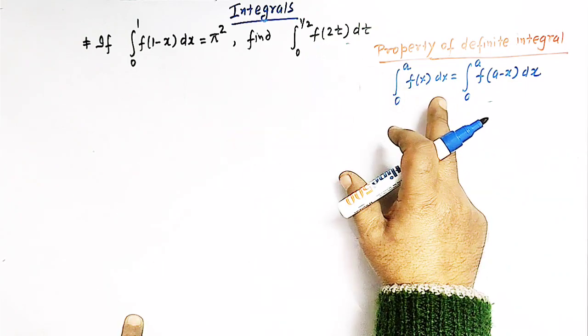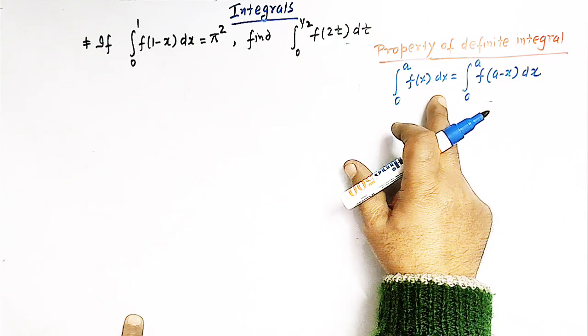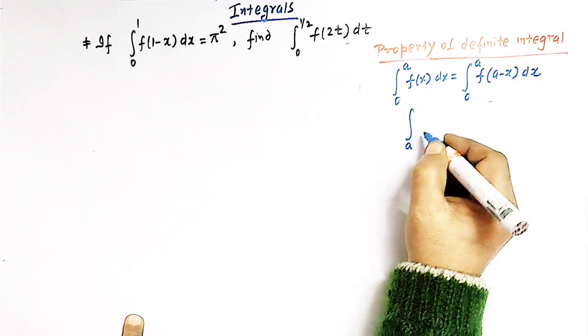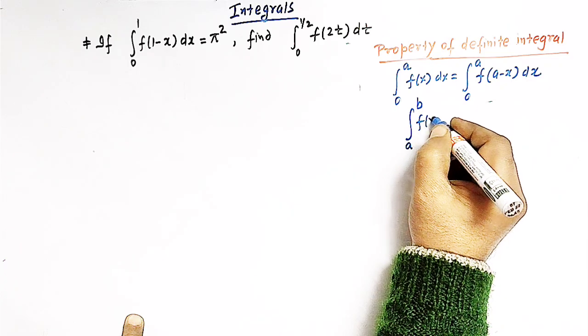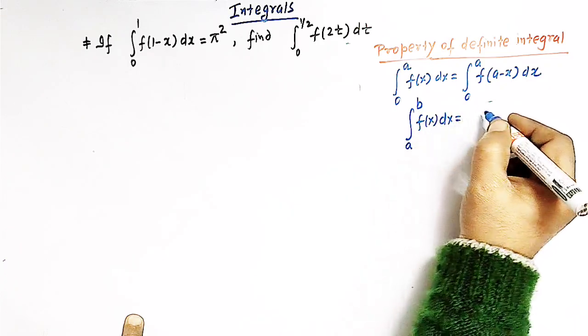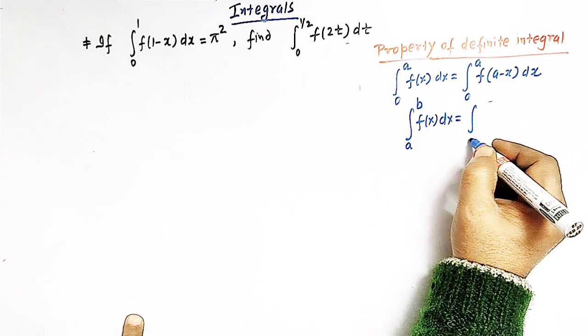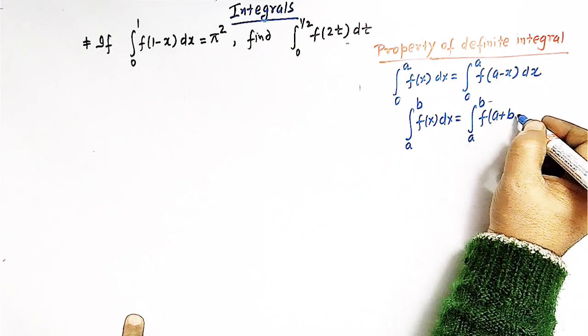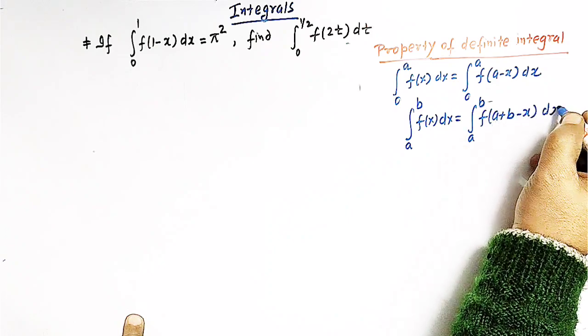So this property is going to be used to find the value of this integral. And this property is a particular case of the general property: the integral from a to b of f of x dx is equal to the integral from a to b of f of a plus b minus x dx, right?